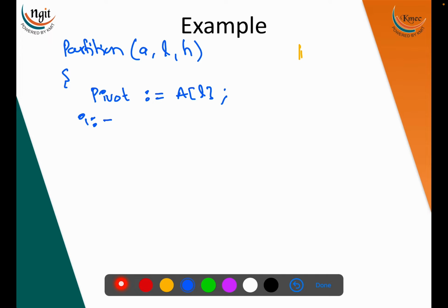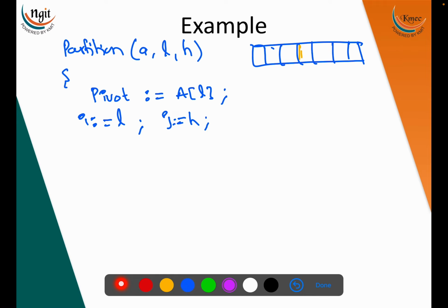Now I am taking two variables. One is pointing to the first, the low index, the other is pointing to the high index. So we'll take an example also parallelly. This is our low index, this is our high index.